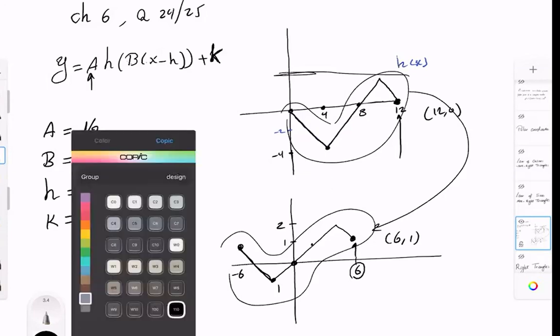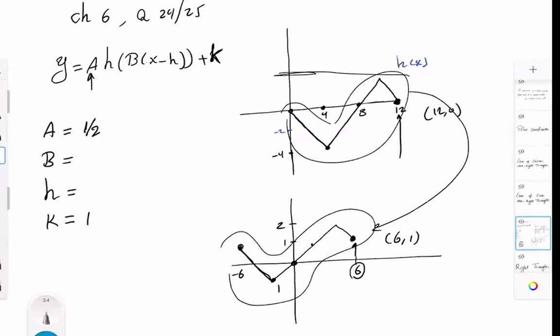And inside, for the b and h, this b, it does something horizontally, correct? It will stretch it or compress it horizontally. So by looking at the graph, this 12 becomes 6.